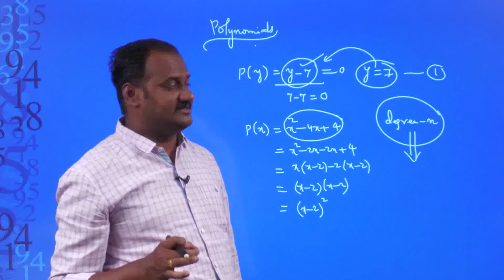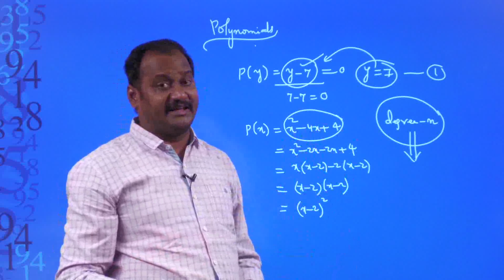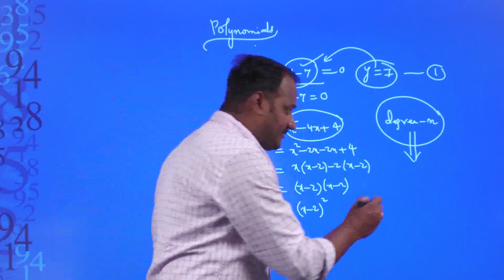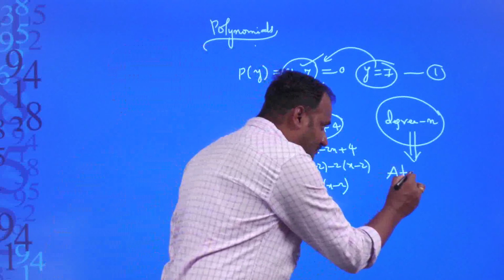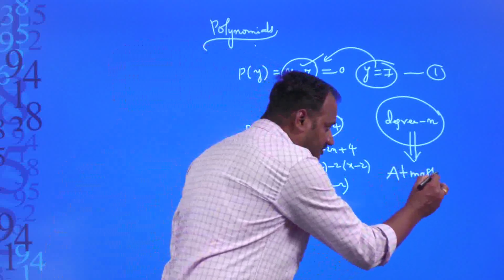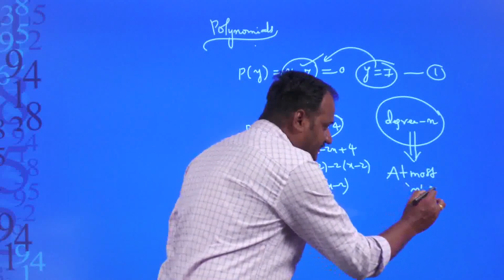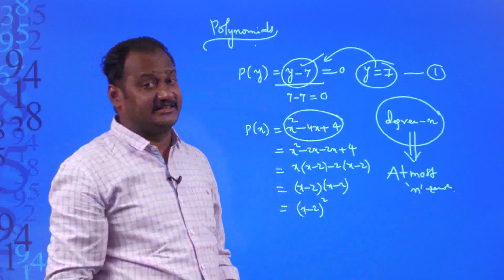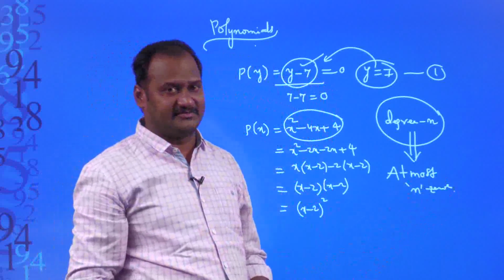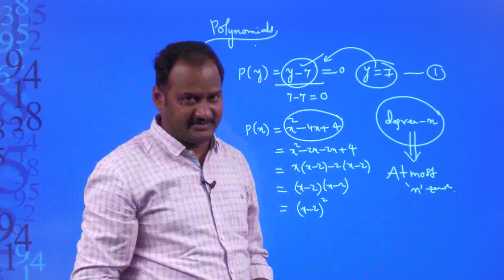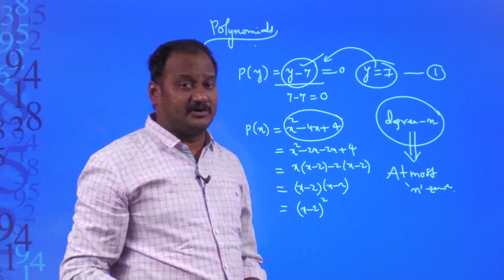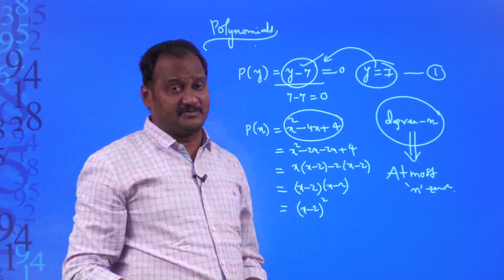We should say that it has a maximum of n number of zeros, or more precisely, at most n zeros. Okay, at most n zeros, but we should not say that it has exactly n zeros. Hope you understand my point, right? So this is about the zero of a polynomial as well as the number of zeros of a polynomial.